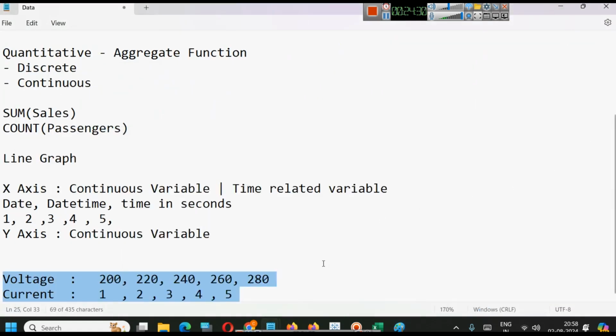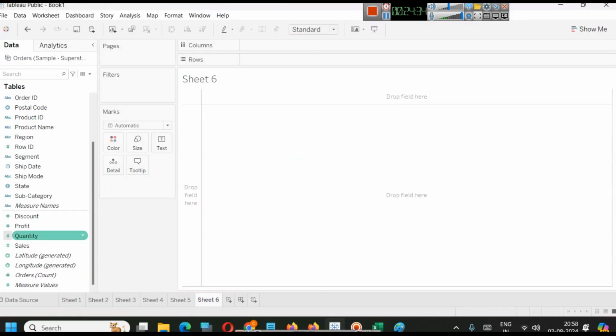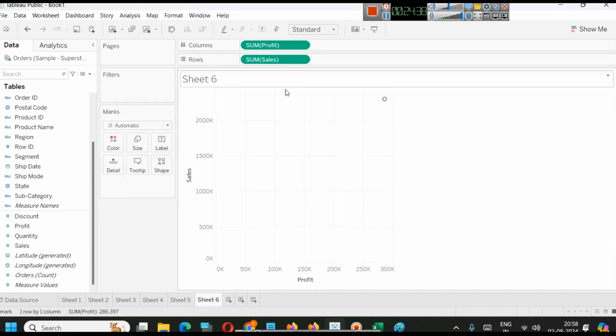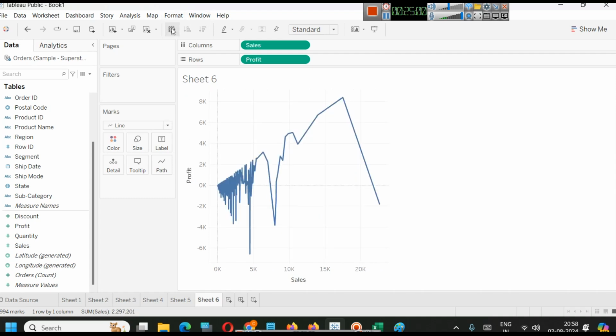So as a beginner you should remember that we cannot create a graph between sales and profit. We cannot create a line graph. If you try to create a line graph, you will not be able to create one. Profit and sales line graph is possible, like when profit increases, does the sale also increase, or vice versa?